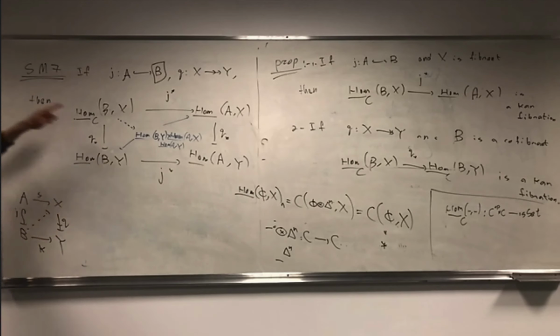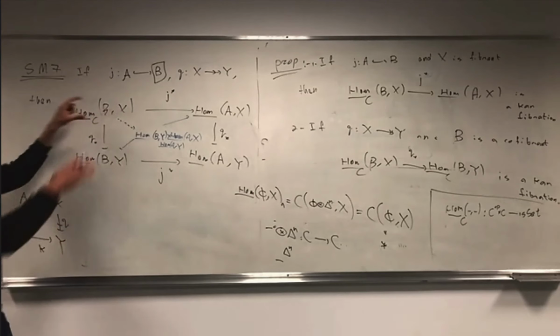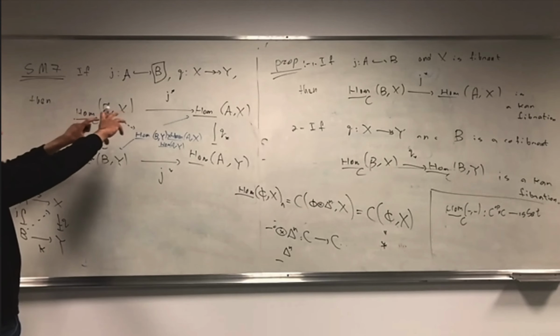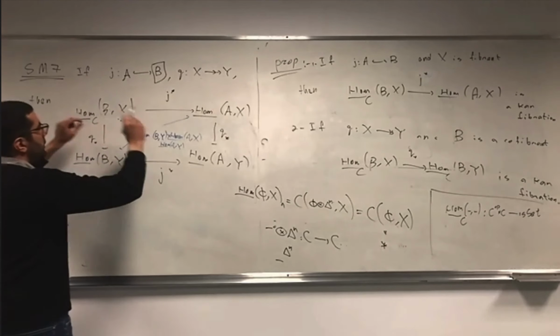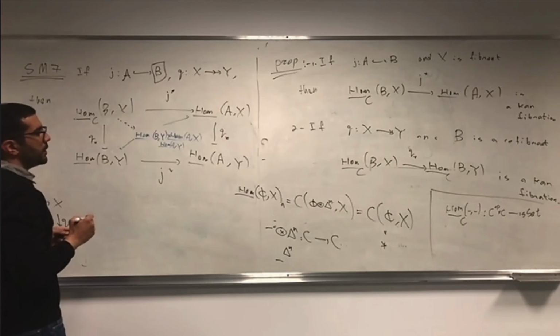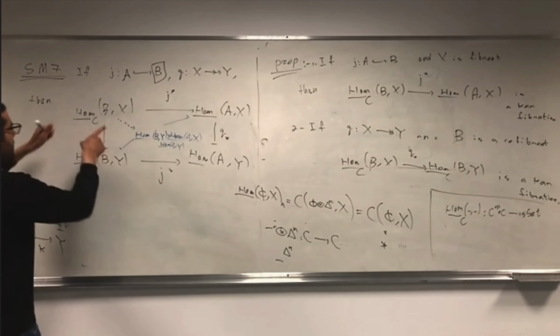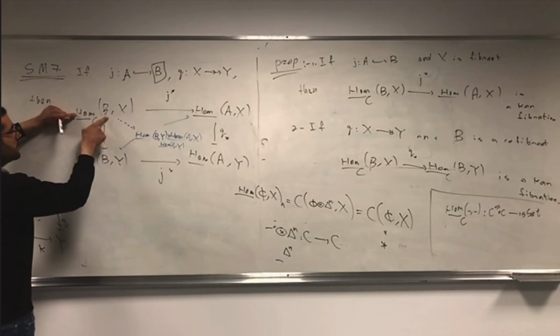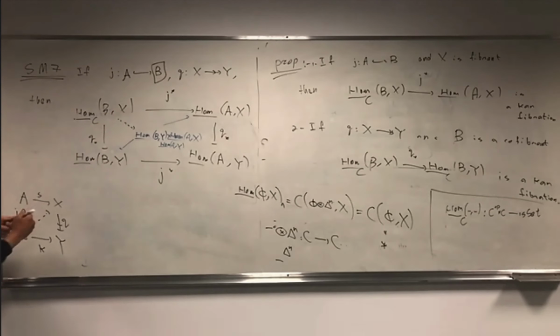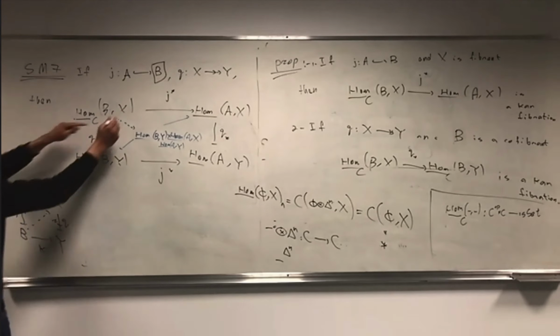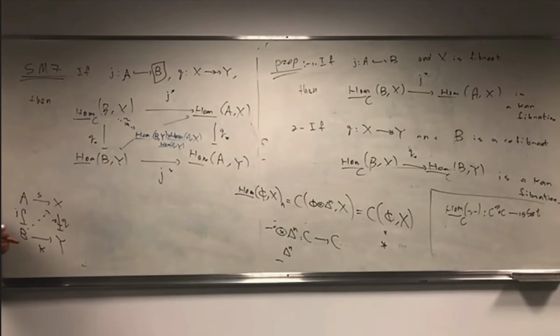But actually we can get this easily in the zero level. How we can get this is that what it's telling me is that this is a Kan fibration, right? Trivial Kan fibration. If one of these is trivial, this will be a trivial Kan fibration, right?